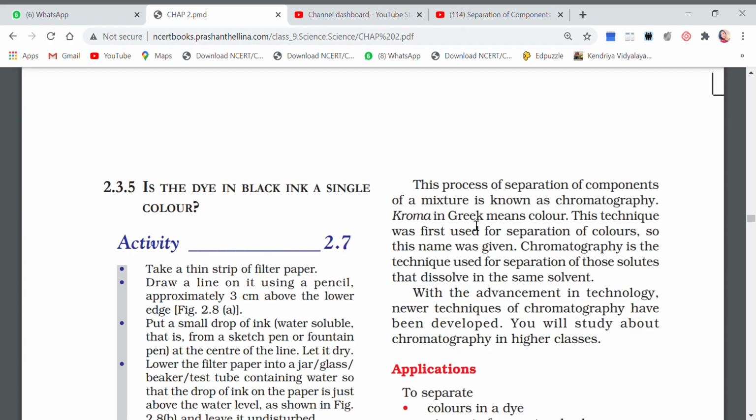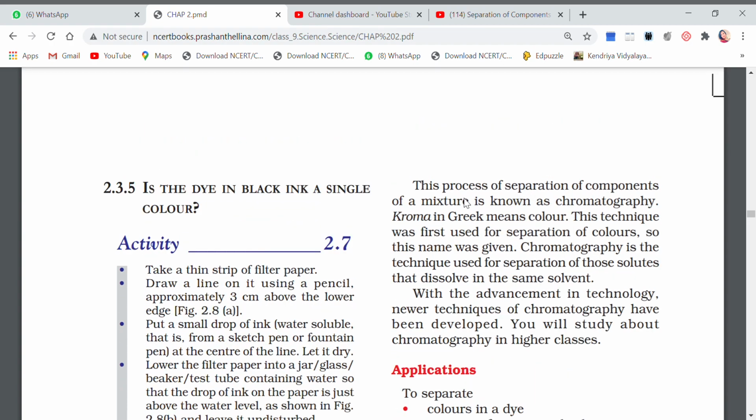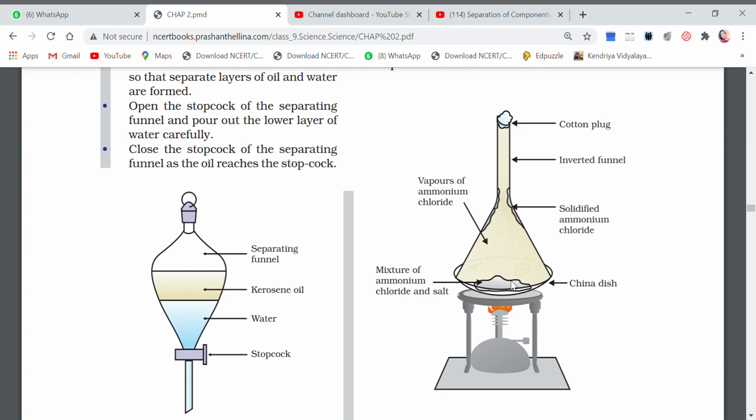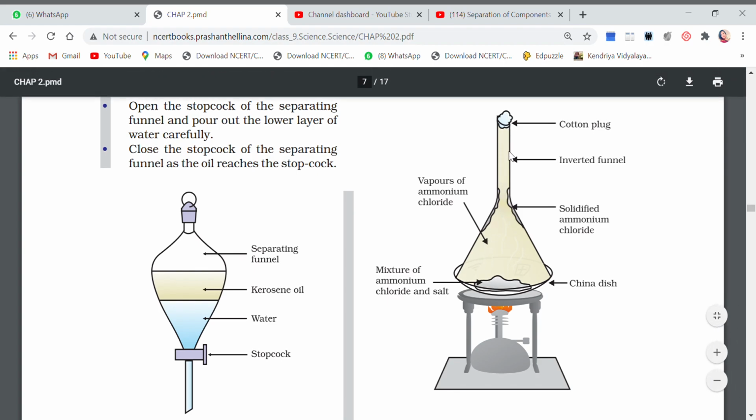So children, what you have to do is you have to take the mixture of ammonium chloride and salt in a china dish, and you have to keep that china dish on the Bunsen burner, and you have to keep an inverted funnel on the china dish, and plug the mouth of the funnel with a cotton plug so that no vapors can escape from here.